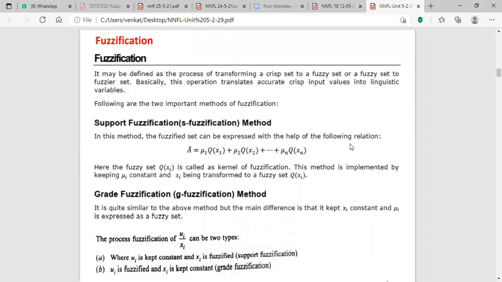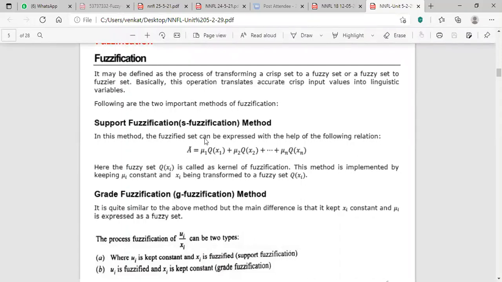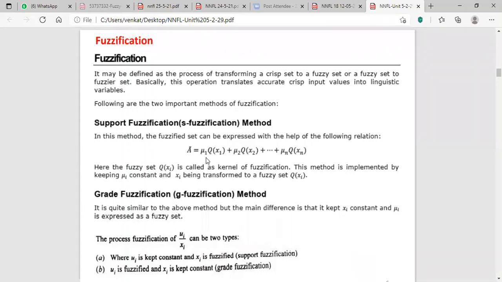In support fuzzification, the fuzzified set can be expressed with the following relation: A = mu1 Q(x1) + mu2 Q(x2), where the fuzzy set Q(x1) is called the kernel of fuzzification. This method is implemented by keeping mu constant and xi being transformed to a fuzzy set.